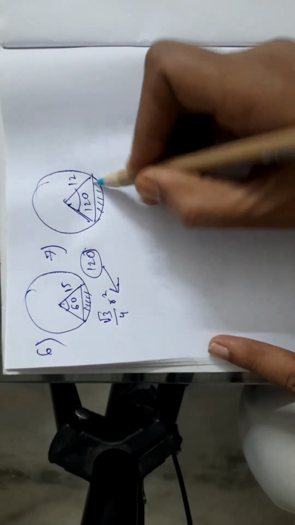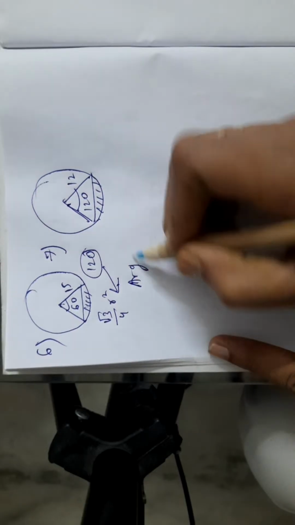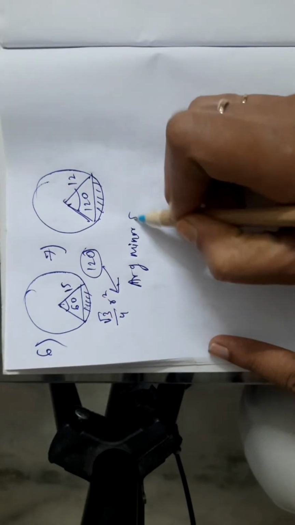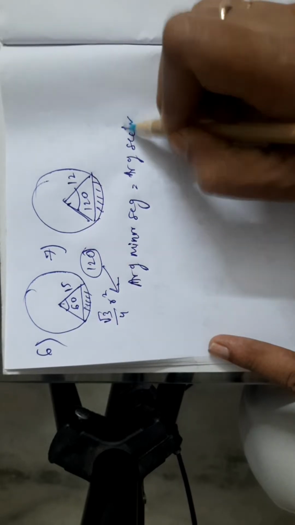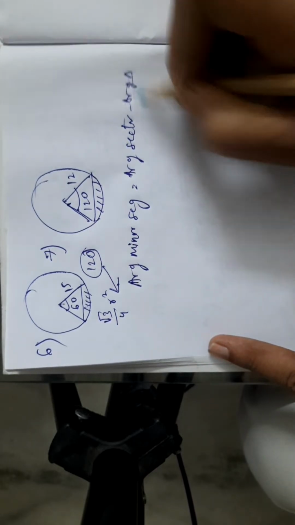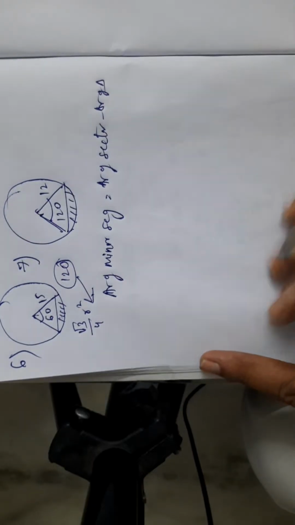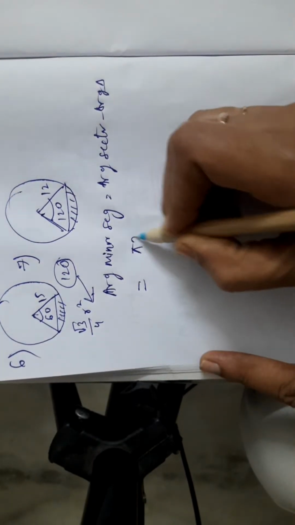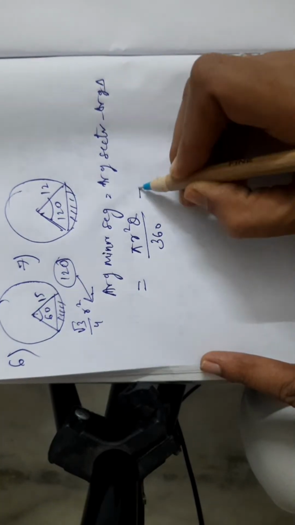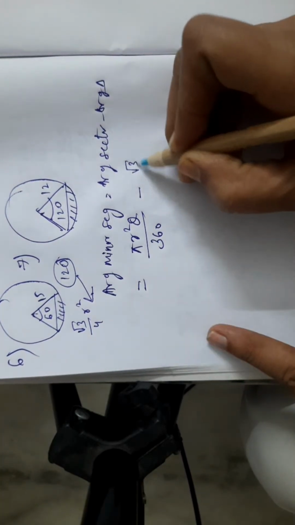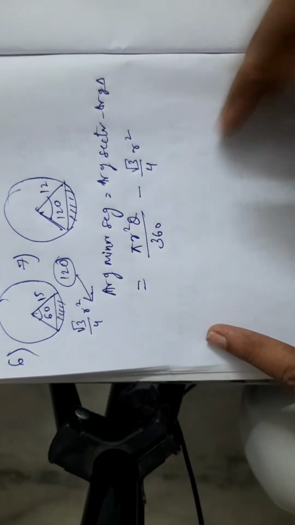The area of the minor segment we need to find. It's area of sector minus area of triangle. Area of sector is pi r square theta by 360. For the area of the triangle, it's root 3 by 4 r square.